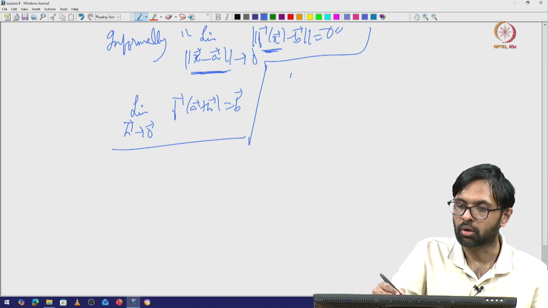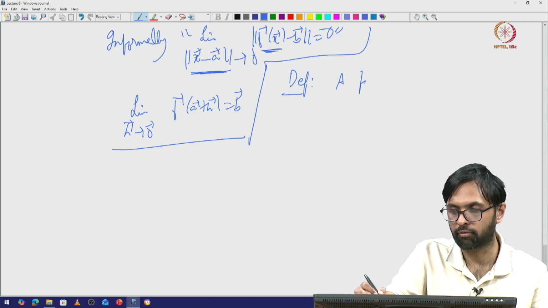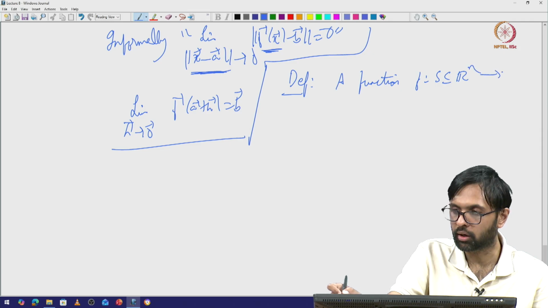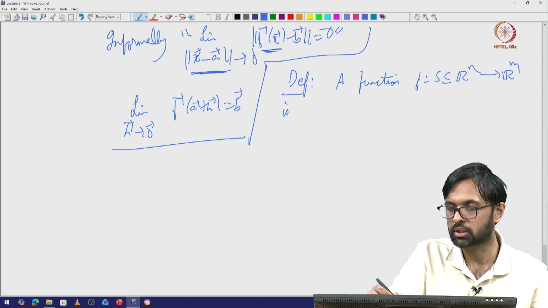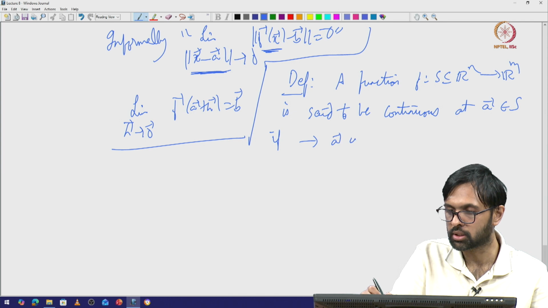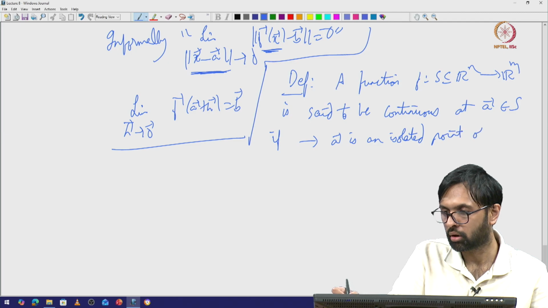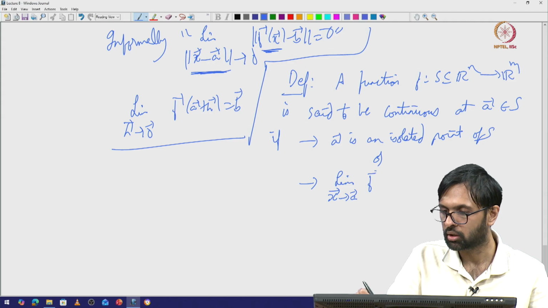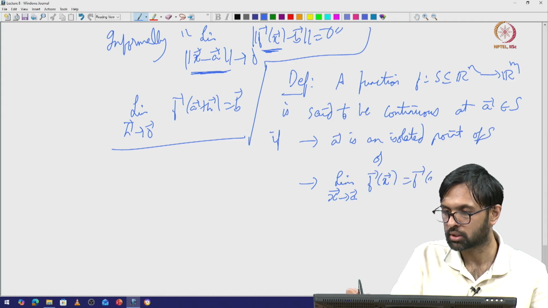Okay. So here's another definition. A function f from S in Rn to Rm is said to be continuous at a point A in S if either A is an isolated point of S, or if it is in S but it's a limit point of S, then this is the case.